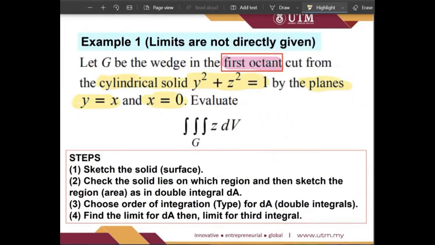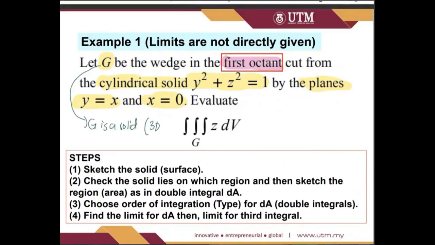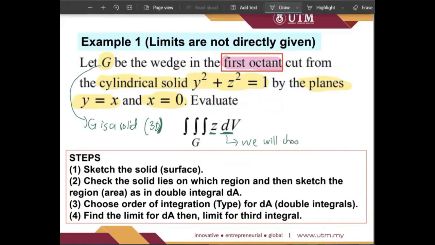You have to go back to chapter 1 to recall how to sketch a cylinder. G is the solid, or we call it 3D, so you should know how to sketch G. The integral given is the triple integral of z dV, and we will choose the order later.